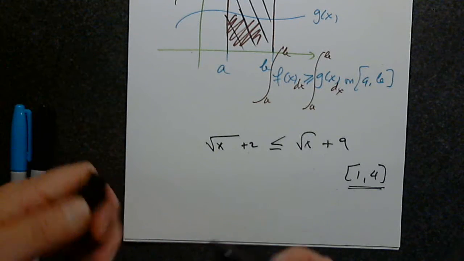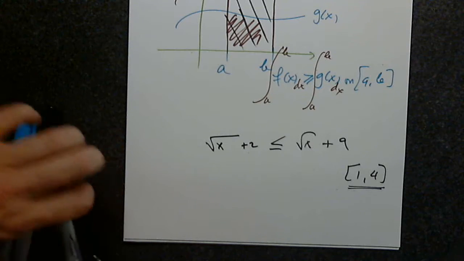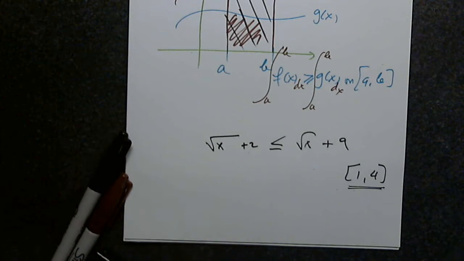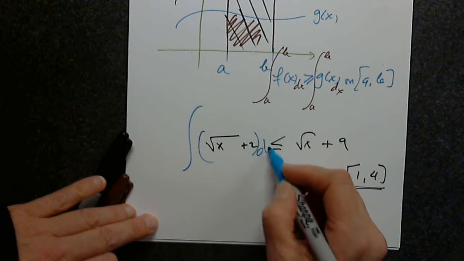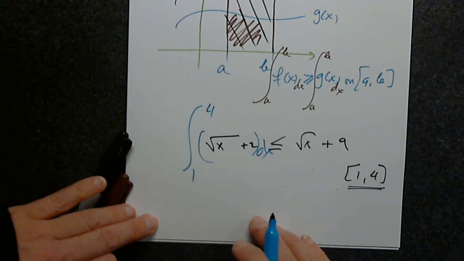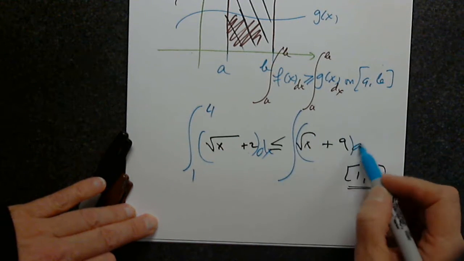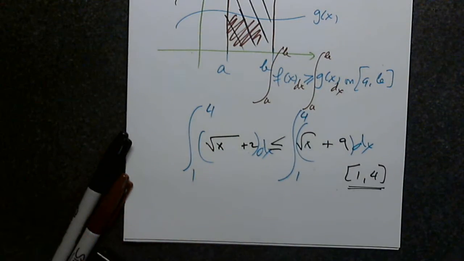These are increasing functions. So therefore, the integral of this function dx on the interval 1 comma 4 will definitely be smaller than the integral from 1 to 4 of the other one, because one is above and the other one is below, so the area is bigger for the second one than the first one. Would you agree?